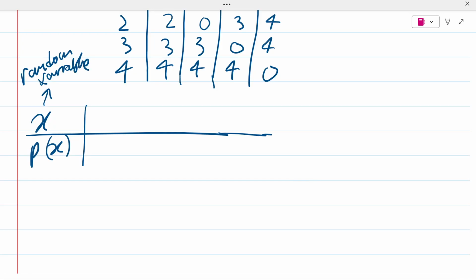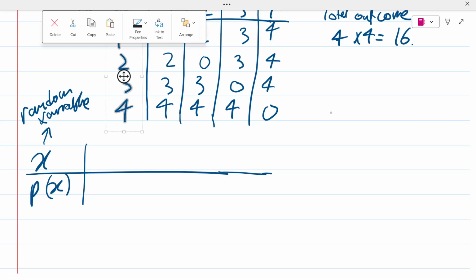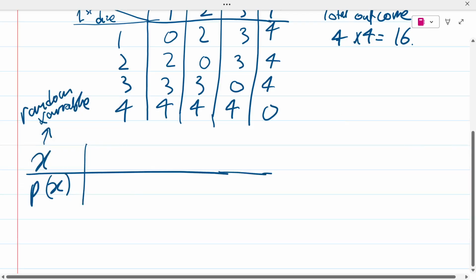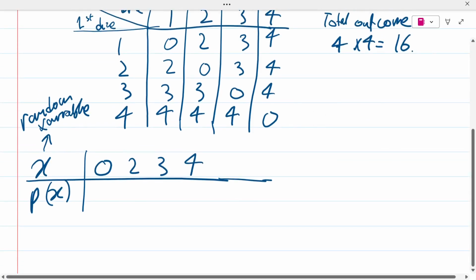If the probability distribution table has been given to you this way, or they ask you to make it, this is how you do it. You take a look at all of the numbers that you have inside your outcomes, and you write them this way. We don't have a 1, but we do have a 0. So 0, 2, 3, and 4.